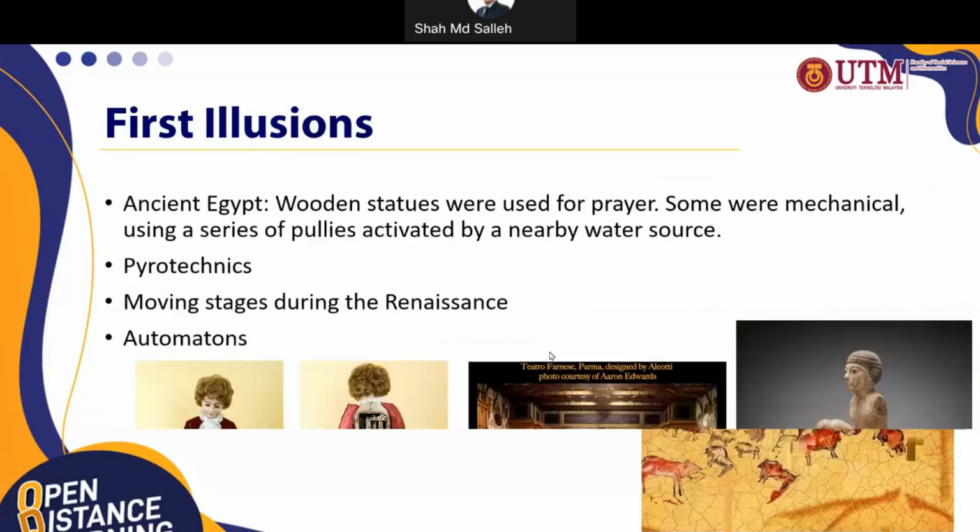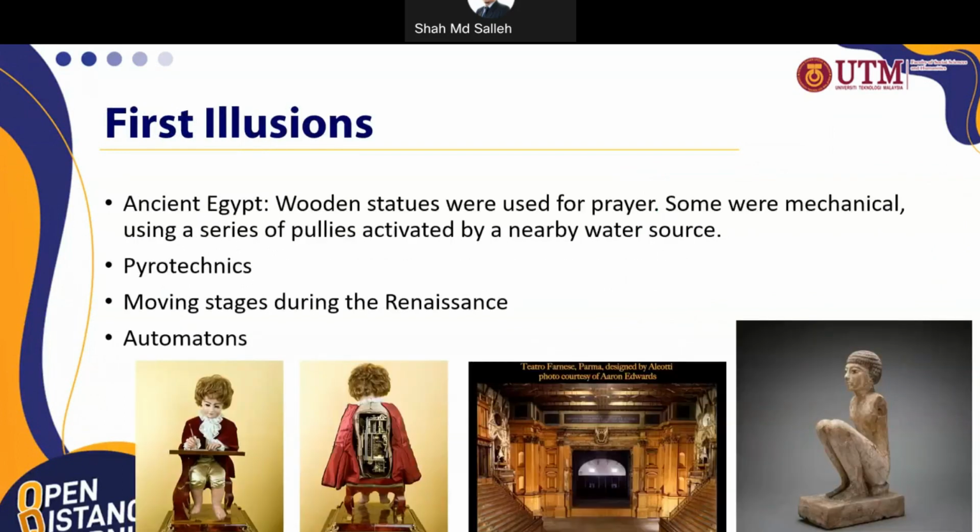Then the evolution of the technology. In ancient Egypt, wooden statues were used for prayer. Some were mechanical, using a series of pulleys activated by nearby water sources, and still moving by water sources. Pyrotechnics, okay, this is an example.